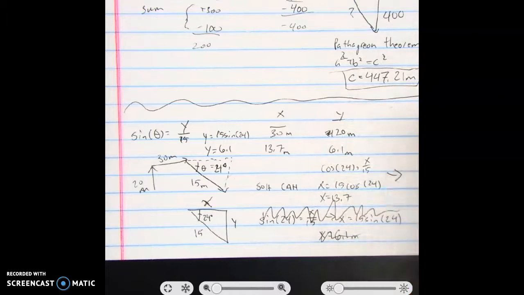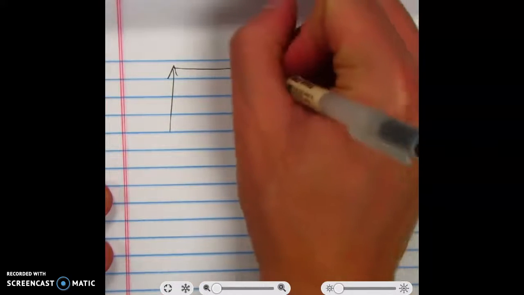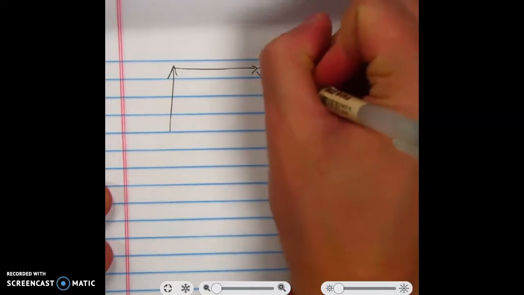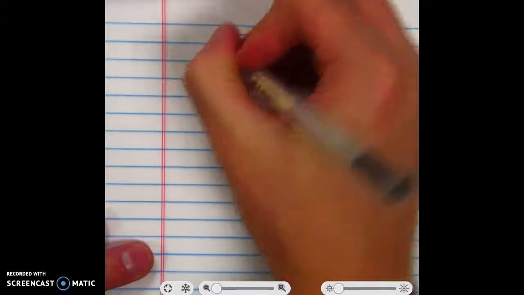Now we're going to, next page. This bad boy. Get it a little clean, freshy fresh. So, we have, once again, this situation. 24 degrees, 15, 30, 20, 30.